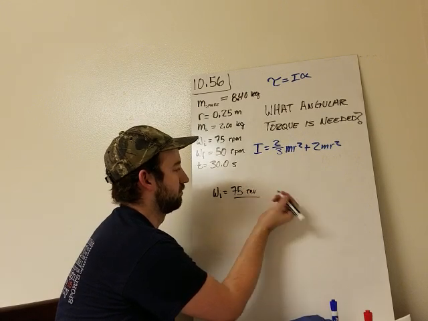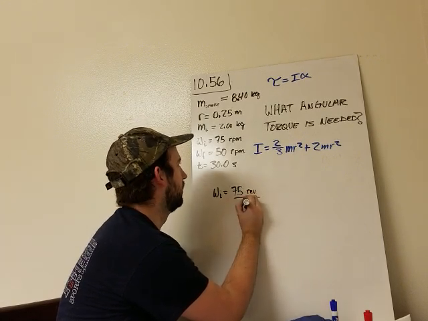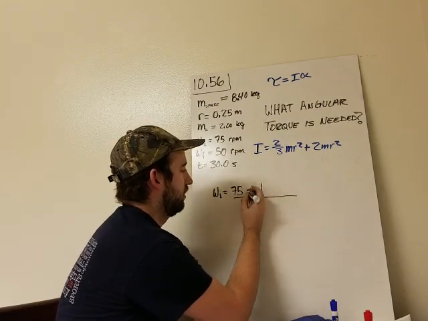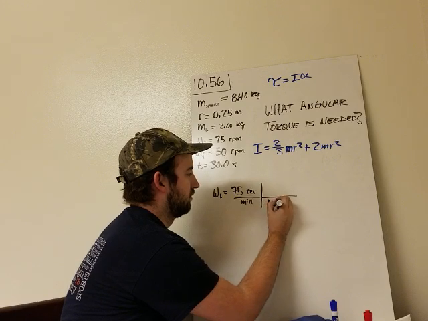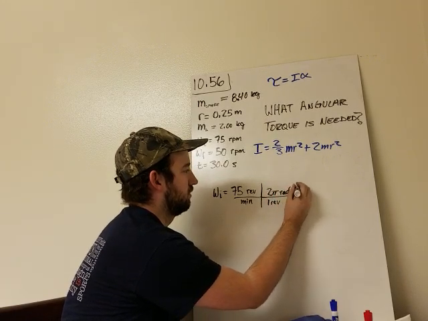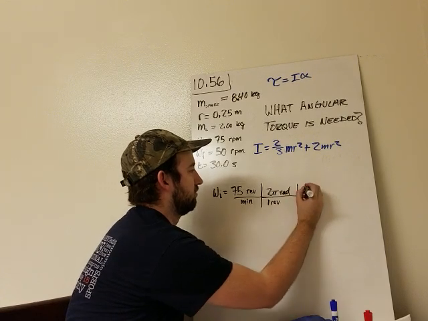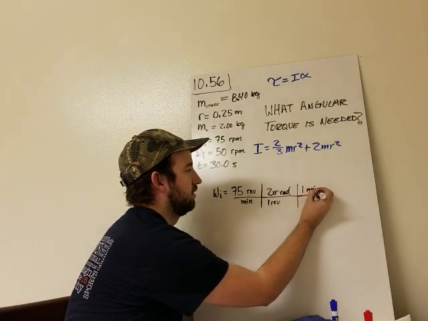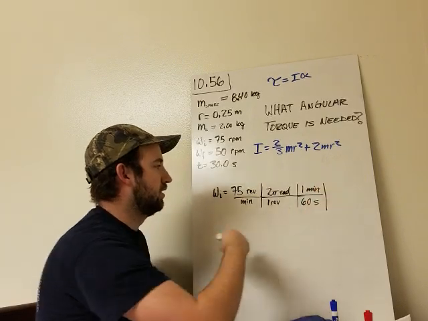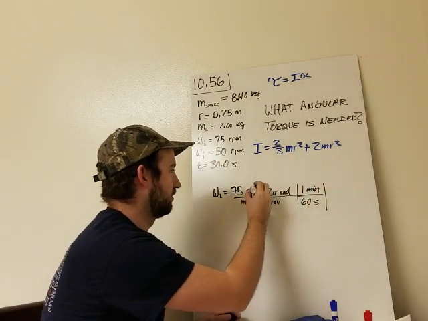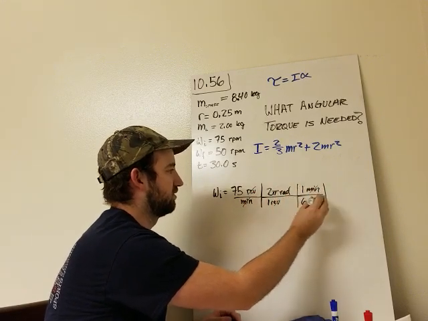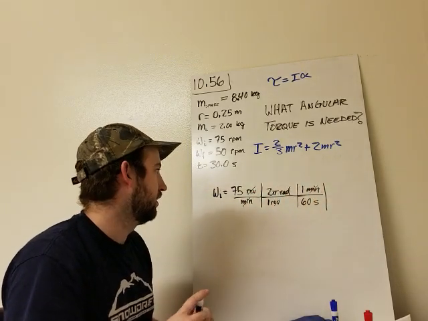I know it's technically rotation, but they mean the same thing. And we know that 1 revolution is equal to 2 pi radians, and 1 minute is equal to 60 seconds. So now we can cancel out our revolutions and our minutes, and we end up with radians per second, which is what we're looking for.